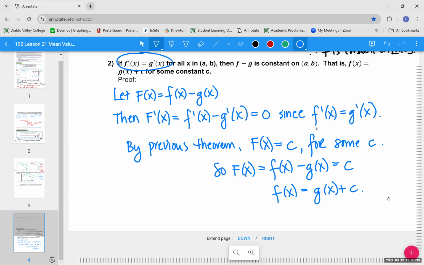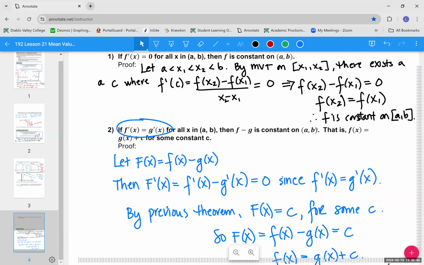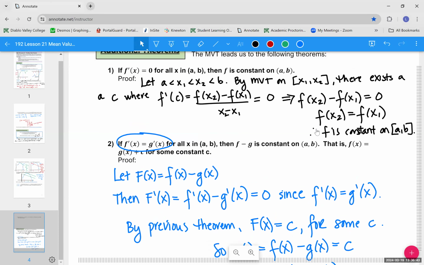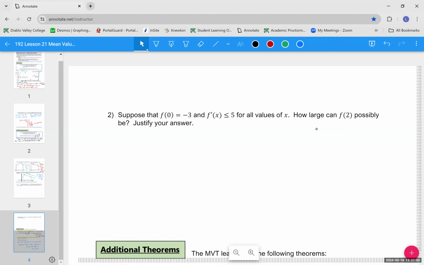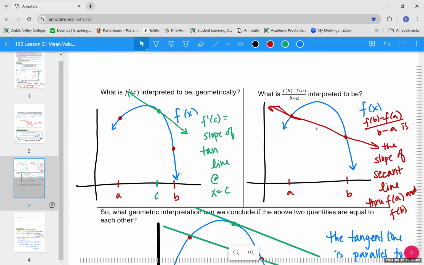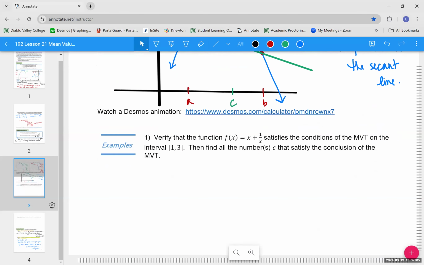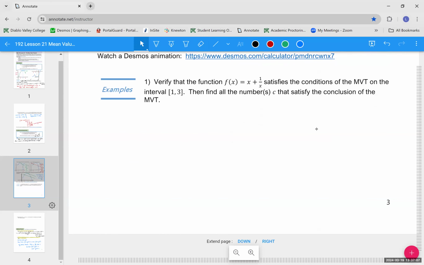So these are the kinds of things we really want the mean value theorem for. It's these theorems that tell us important things that we are going to use, but less important things that we do with the mean value theorem is answer these sort of made up questions, like verify that this function satisfies the conditions and find all the numbers.